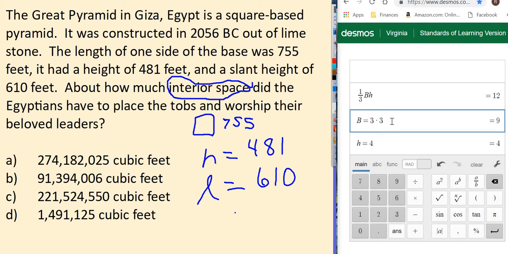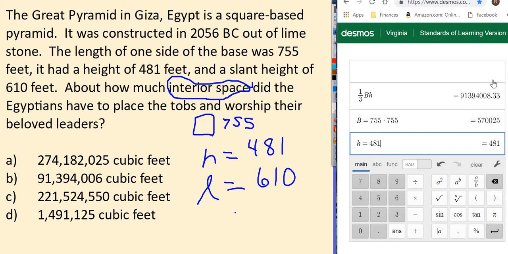So I'm going to go ahead and actually just delete these measurements, and I know the volume of a square base pyramid is 1/3 big B times height. Big B is going to be side times side, so 755 times 755. That's going to be a very big number. And my height was given to me as 481 feet.